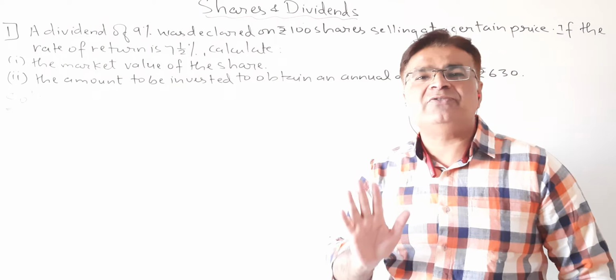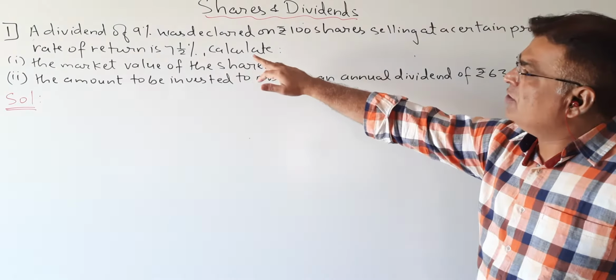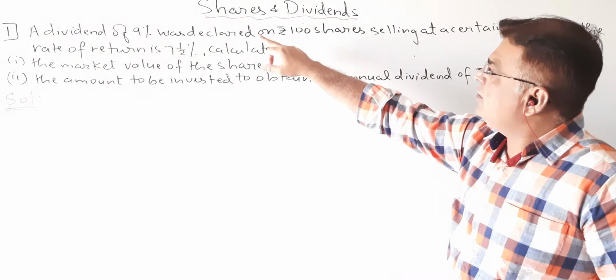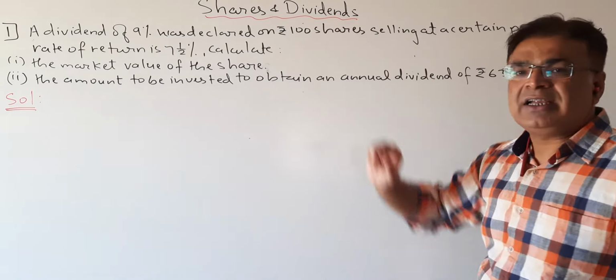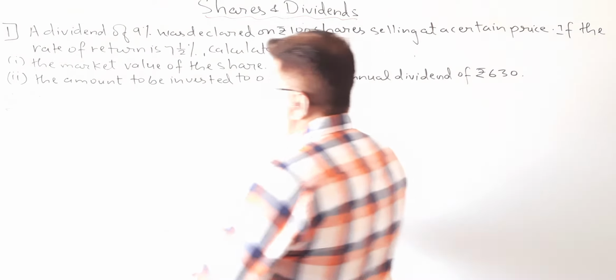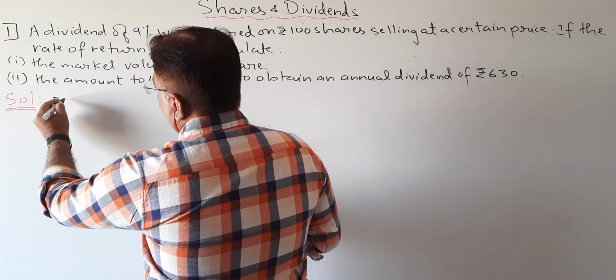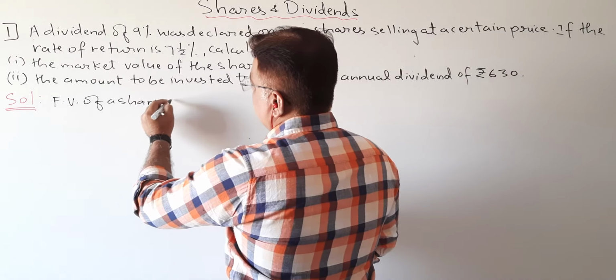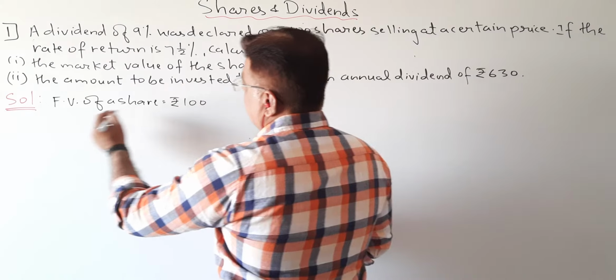Students, actually the sum is very easy. First of all, a dividend of 9%. So 9% is the rate of dividend declared on rupees 100, so 100 is the face value of the share. So the face value of a share will be rupees 100.